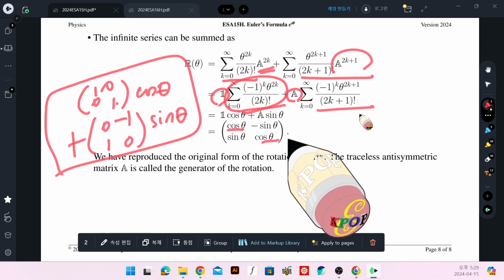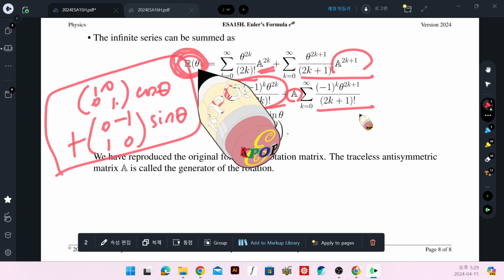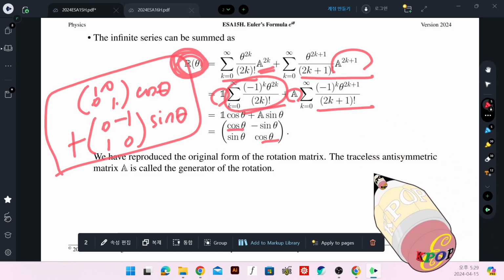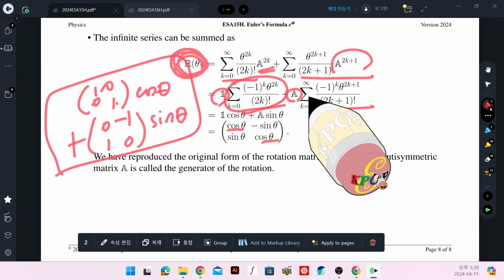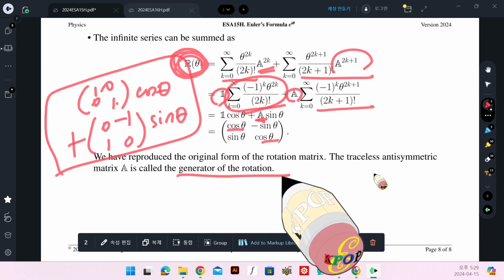It is identical to what we have expected, the finite rotation matrix for the two-dimensional plane with a finite angle theta. Okay, it's very interesting, and we call this matrix A the generator of the rotation. That's it for today. Thank you.